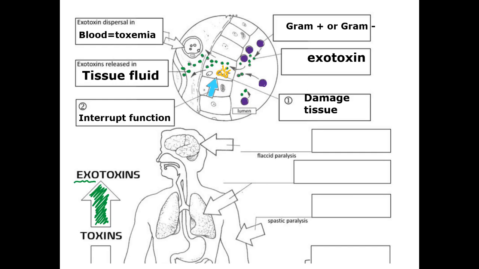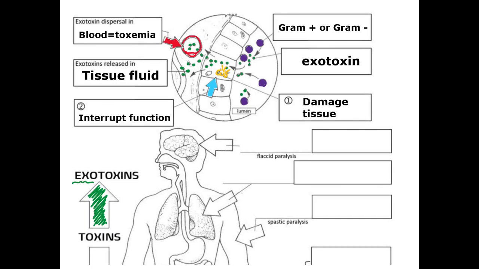And then the exotoxin can also be dispersed in the bloodstream. When we have toxins in the bloodstream, it's called toxemia. Remember, emia always means in the blood, so whatever's in front of it. So there are some microorganisms that can be on the surface and their toxins can spread into the tissue fluid and then into the bloodstream.